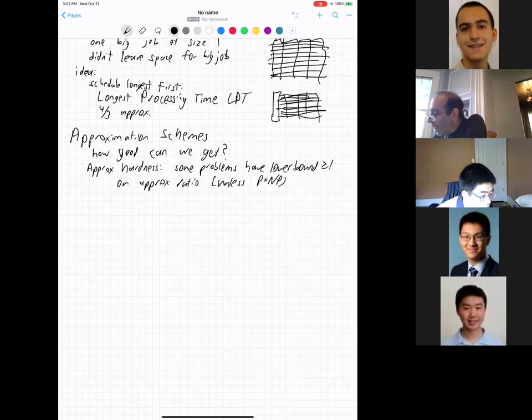We're not going to look at those hard problems for now. Instead, I'm actually going to talk about an approximation scheme.